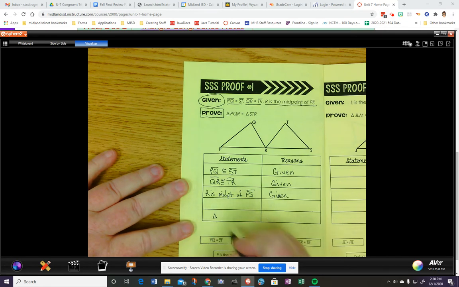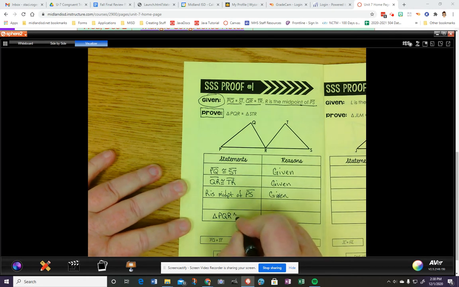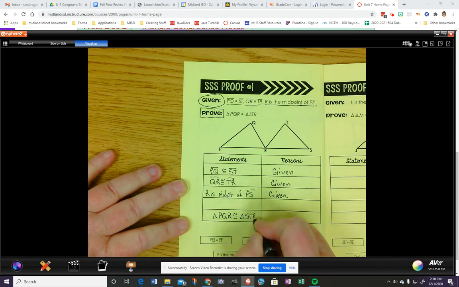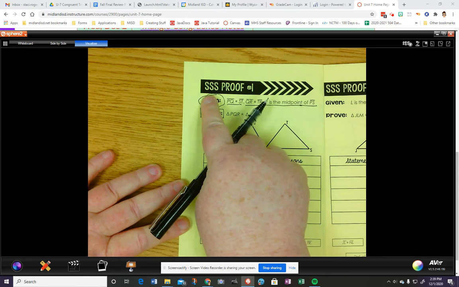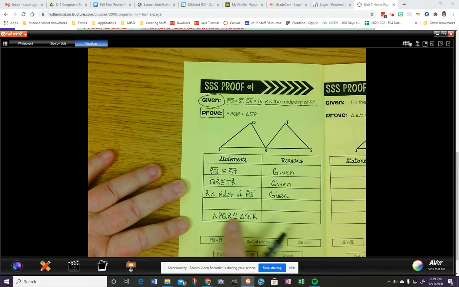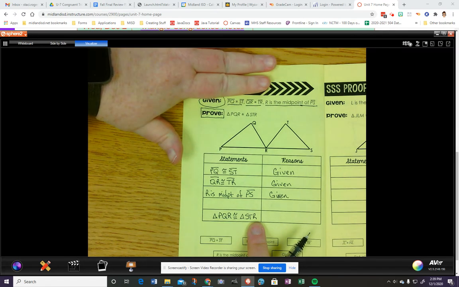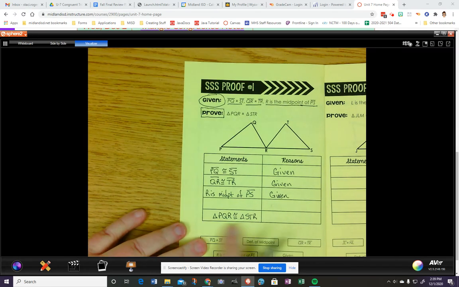And we don't know why yet. Triangle PQR is congruent to triangle STR. Now we're looking at an SSS proof, a side proof. So we know it's going to be side, but not all the time. I'm not always going to give you that, so we're not always going to know what the reason is.